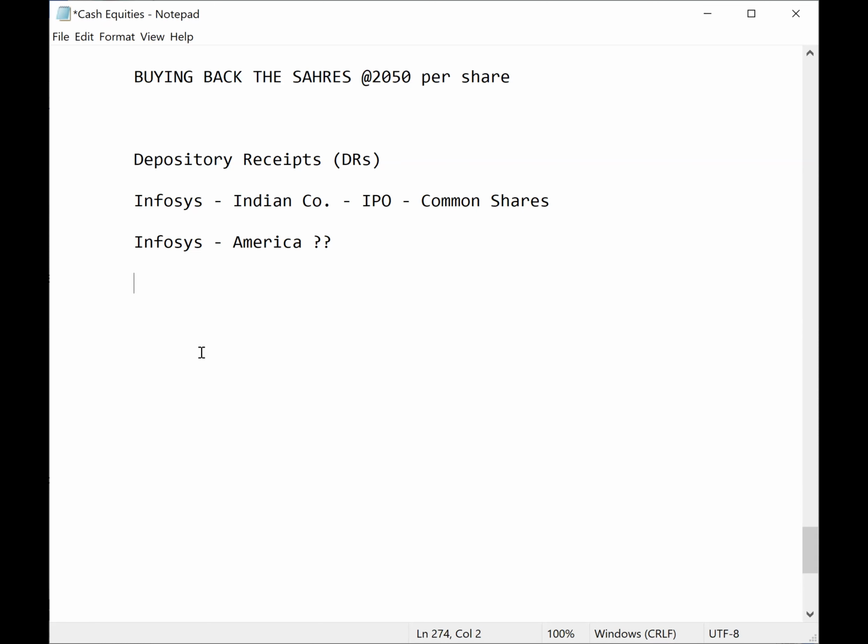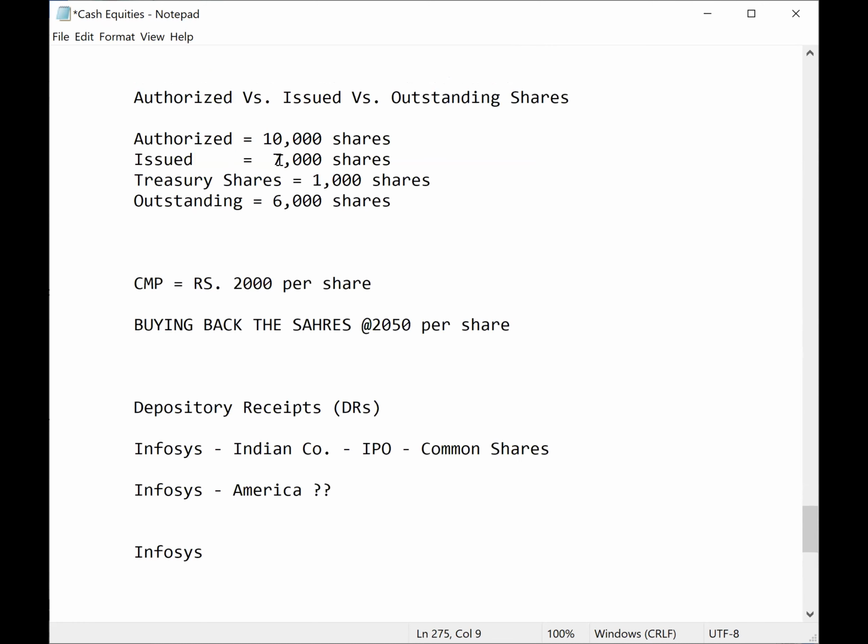Any domestic company which wants to raise funds in a foreign country through equity instruments can issue depository receipts in that country. For example, Infosys has issued American depository receipts in the American market. So guys, how it works is, let's take this case.